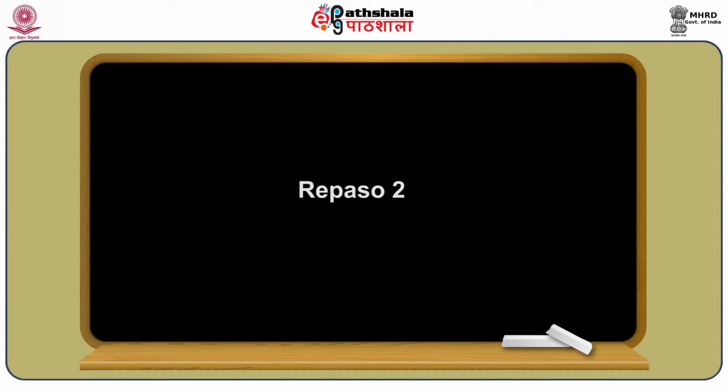In this module entitled Repaso 2, we are going to revise the main points covered in the previous 6 modules, which will help you not only in a better understanding but also in remembering the relevant aspects of its usage in your communication. So we start with the demonstrative determiners.